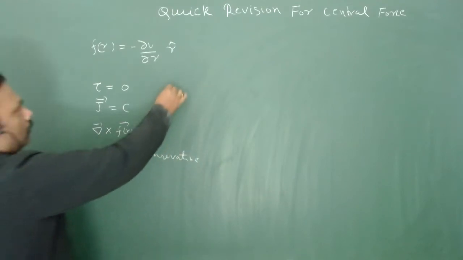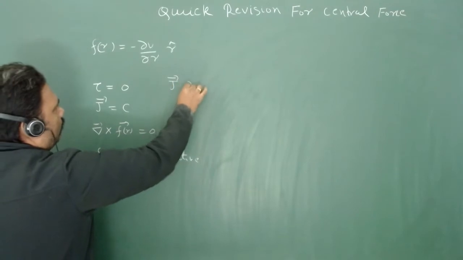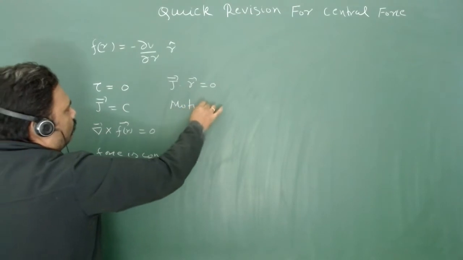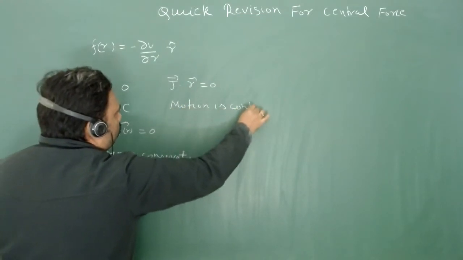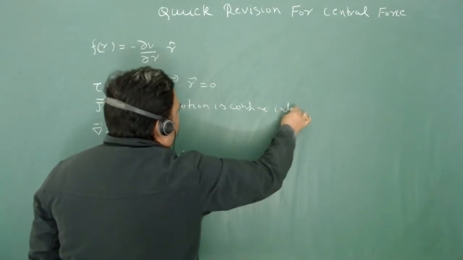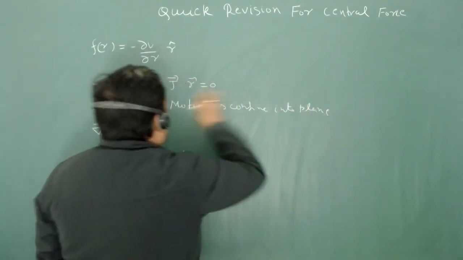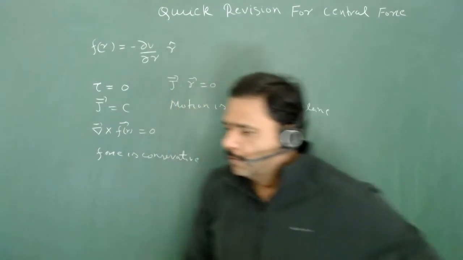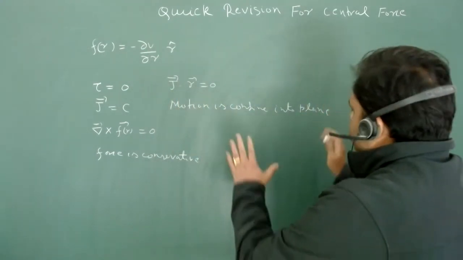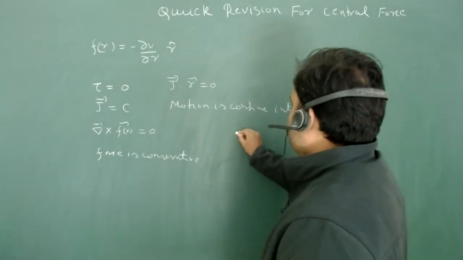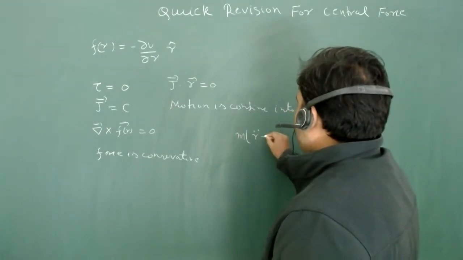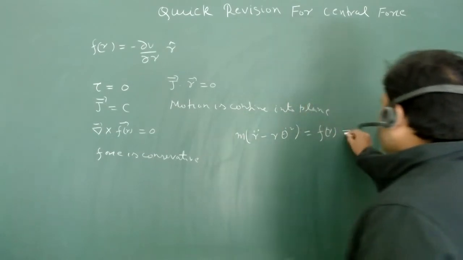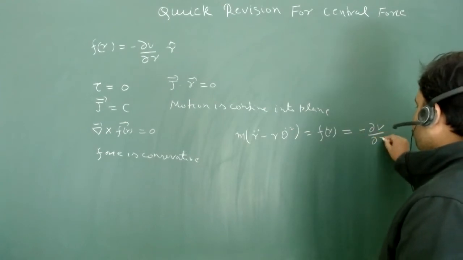And now we also have the condition that J dot r is equal to 0. That means motion is confined into a plane. So when angular momentum is conserved, this tells you motion is confined into a plane, and then you have the equation of motion: m r double dot minus m r theta dot square is equal to F_r, which you can also write as minus del V upon del r.